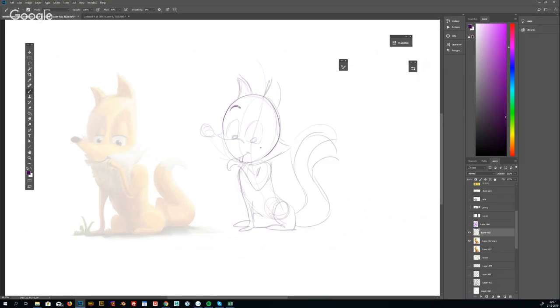What I'm drawing now, does this help, seeing me draw like this? So starting with this ball, and then look how the eyes are on top of that, like this. Maybe he's looking at her paw like this.